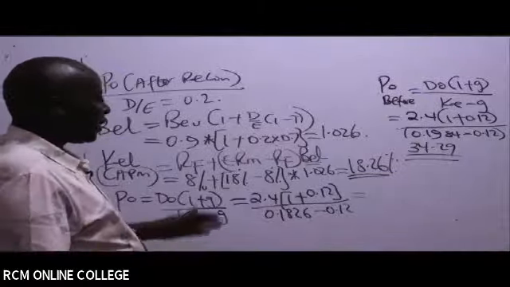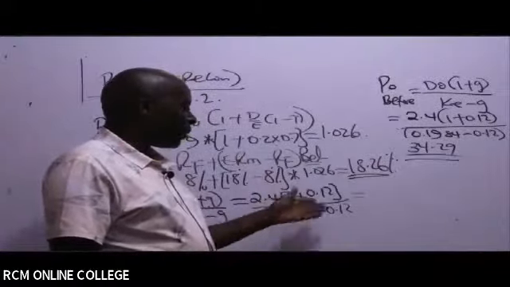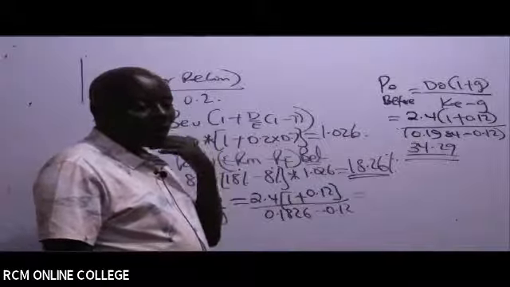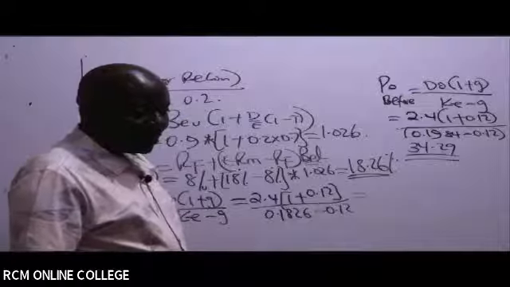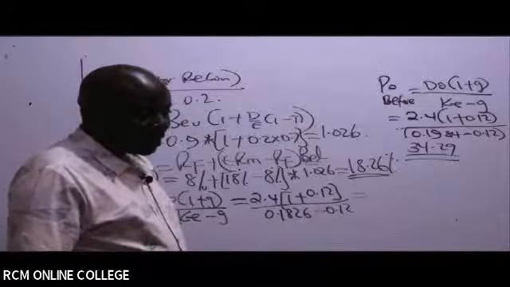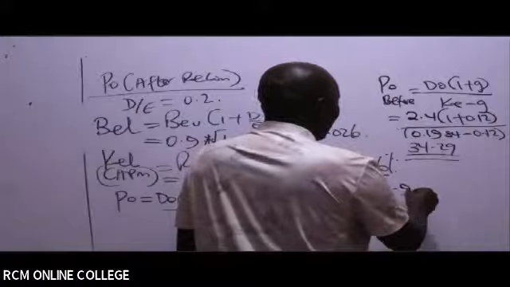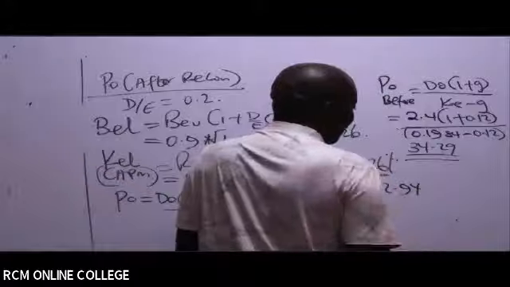You simply go and say 2.4 times 1.12 all over 0.1826 minus 0.12. What are we getting, ladies and gentlemen, here? Caroline, Benvolet, they're telling me, Mwalimu, this is 42.94. Is that okay, ladies and gentlemen?